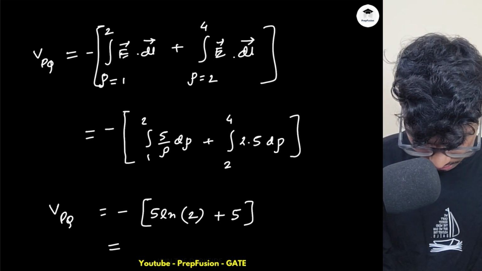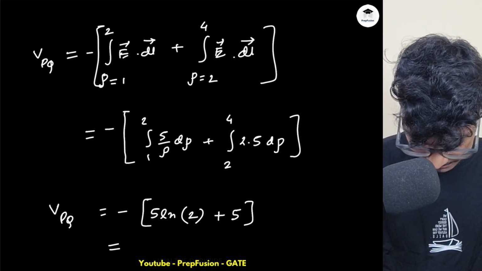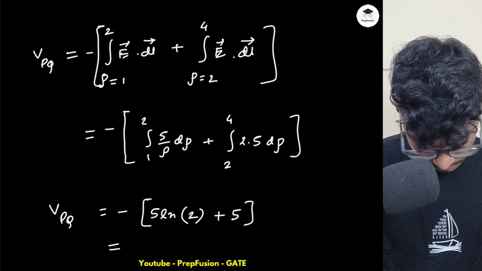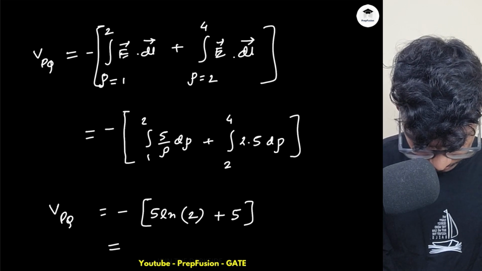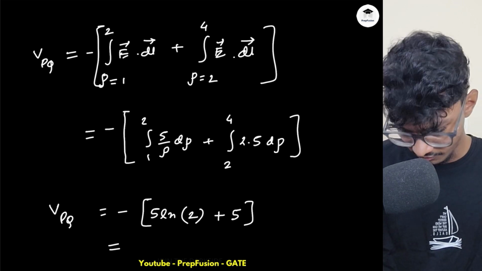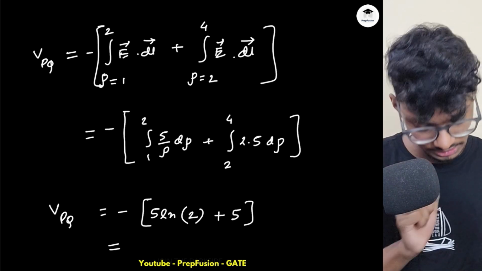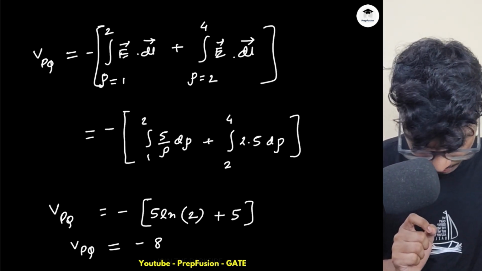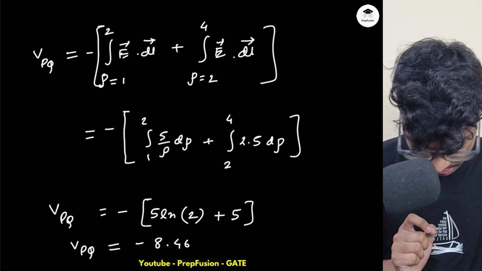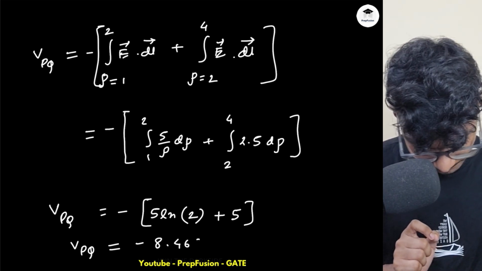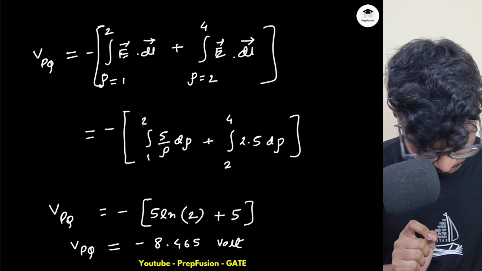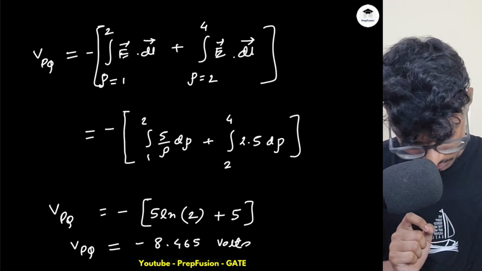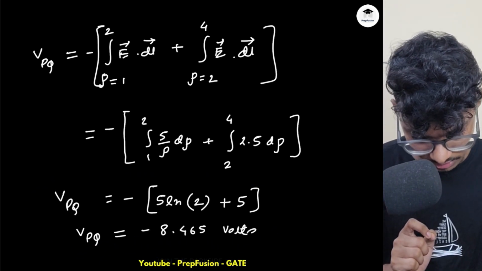So this will become 5 ln 2 plus 1 into 5, which is almost 8.46, and obviously don't forget the sign. So V_PQ will be minus 8.465 volts. This will be the answer to this particular question.